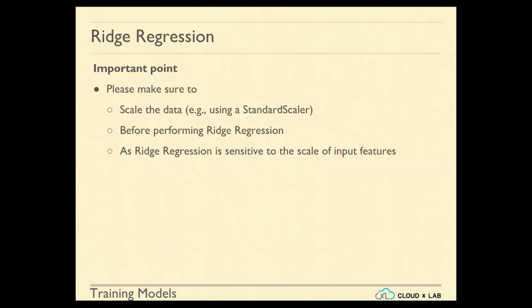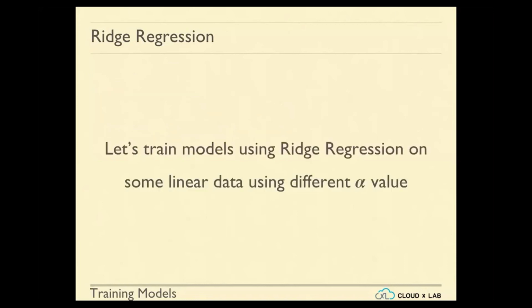When you are doing gradient descent, you will prefer to always have scaled data. Scale could be standard scaler or min-max. There's no constraint on that. So let's train the model using ridge regression on some linear data using different values of alpha.